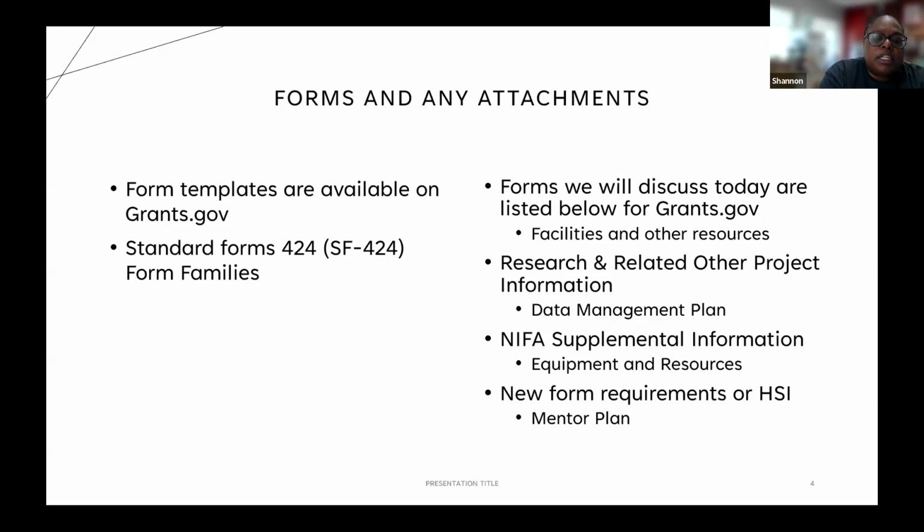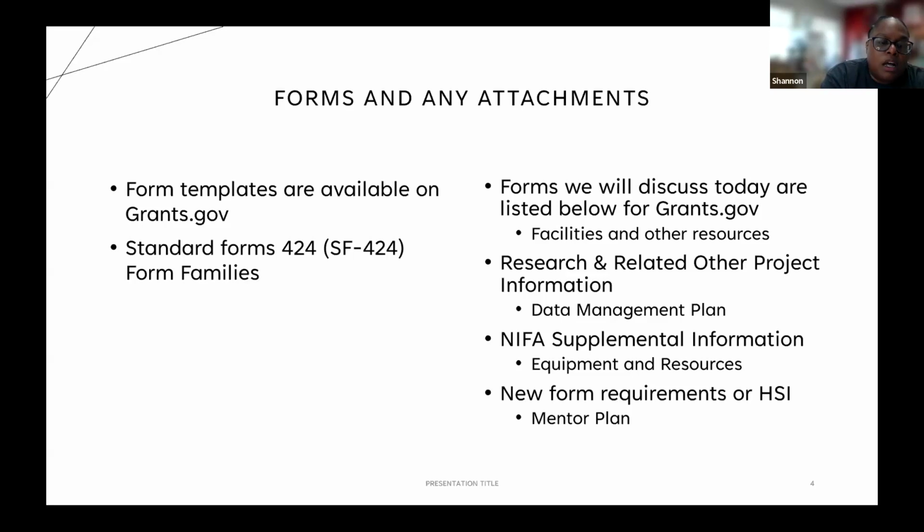These forms are discussed in this series. They are part of a form repository, and these forms are part of your form family or your post-award reporting forms setup. So the forms that are listed on grants.gov include the facilities and other resources.